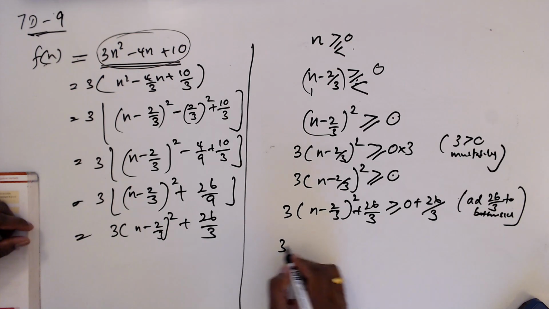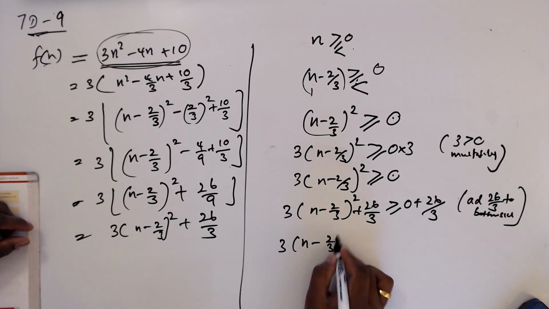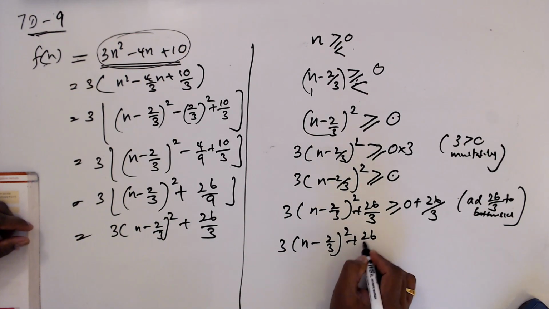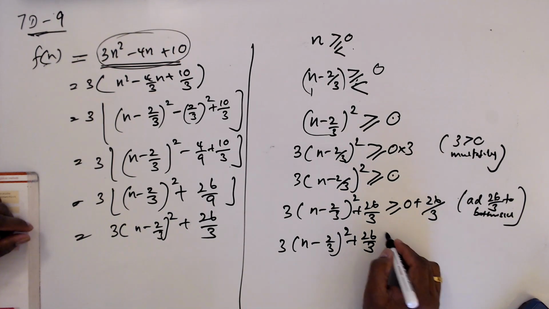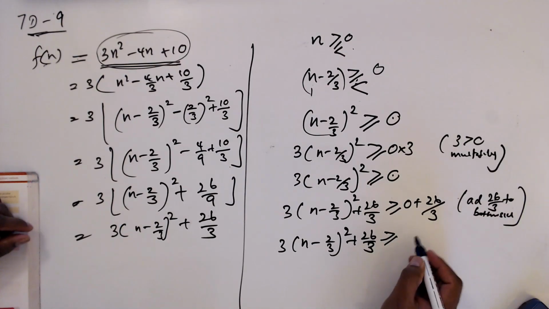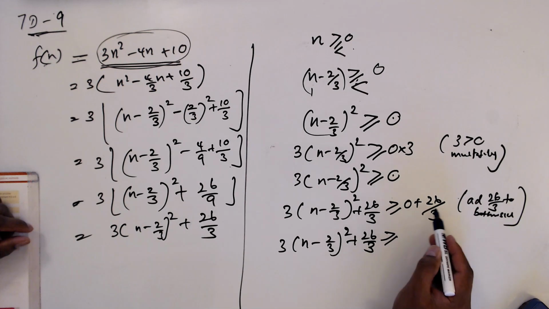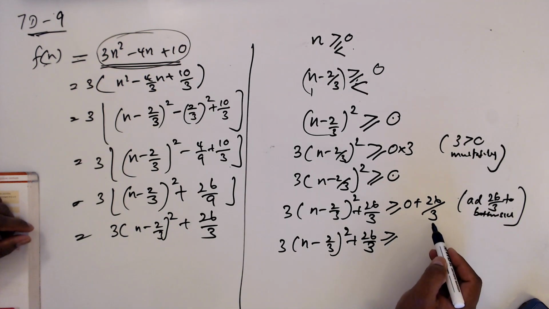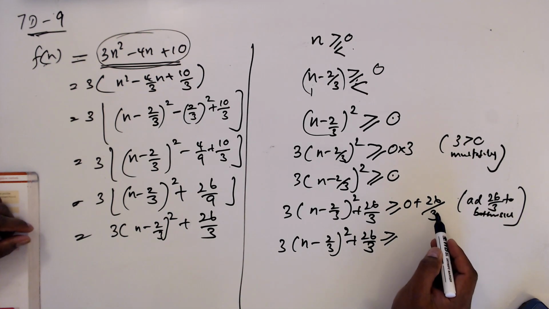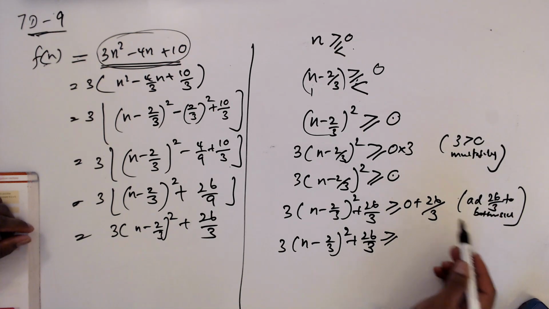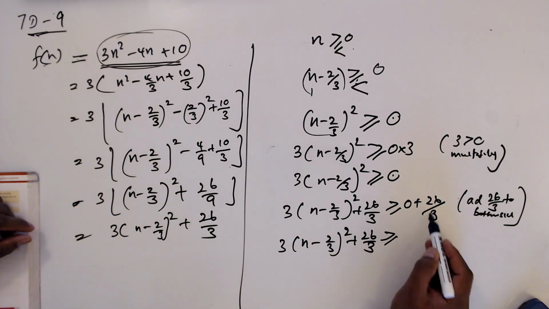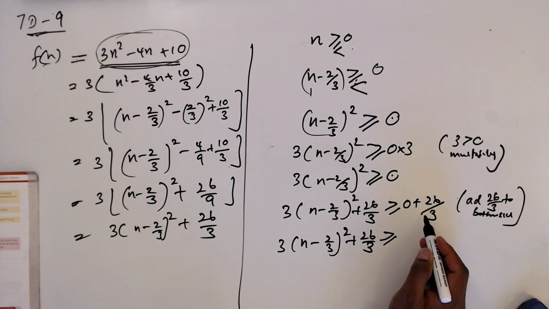Then 3 times (n minus 2 over 3) squared plus 26 over 3 is greater than or equal to 26 over 3, let's say 8. It is greater than or equal to 8. If it is greater than or equal to 8, it means it is definitely greater than 0.